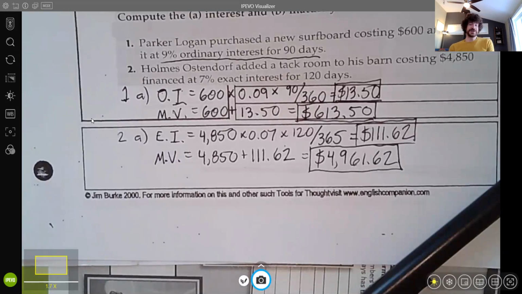Are there any questions on this before we take a look at our last example that has to do with some algebra? Got some algebra to work on this next one.